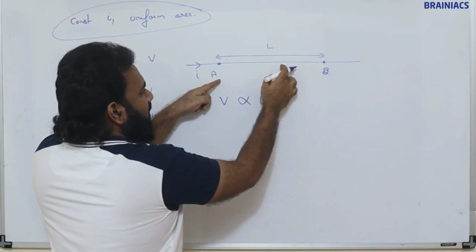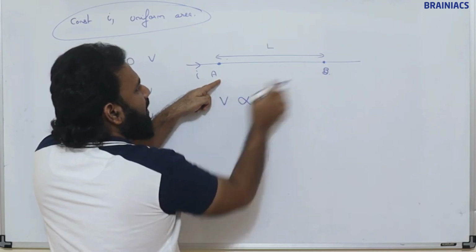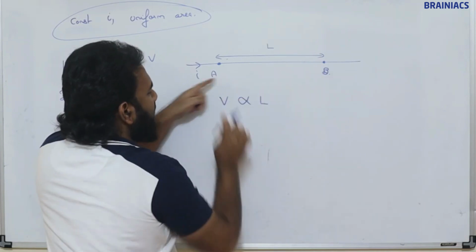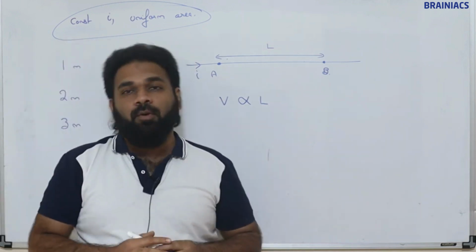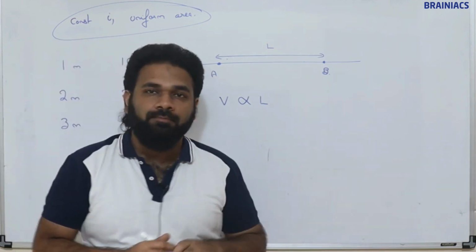Again, if we make it closer, this length will decrease, so the voltage also will come down. That is, voltage is proportional to the length of the wire.